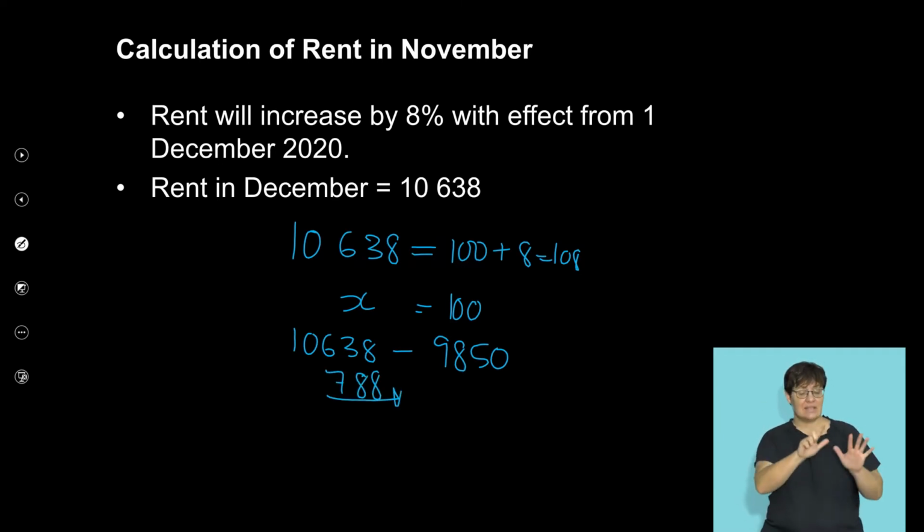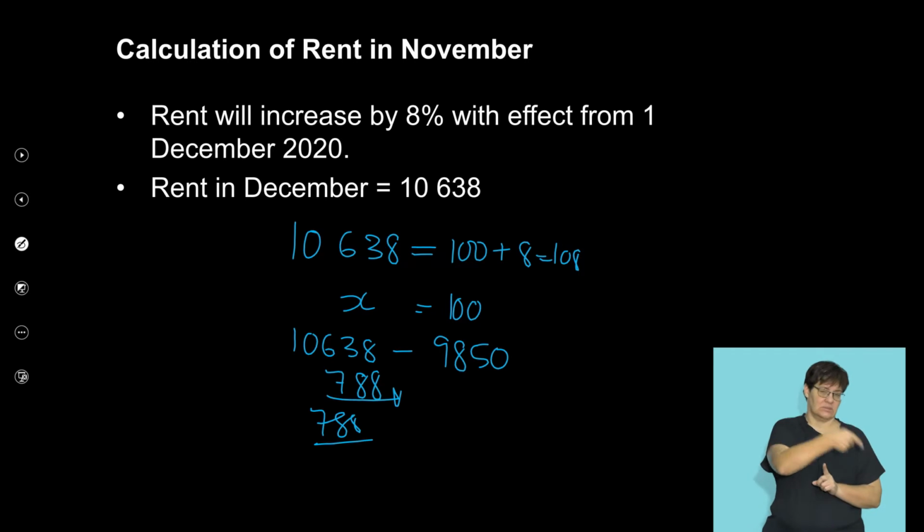What is the 788? The 788 is the increased rental in terms of rands. Remember I said the question wants to know by what percentage you increased your rental. Now once we have the increased amount, you take the 788 over your old rental.